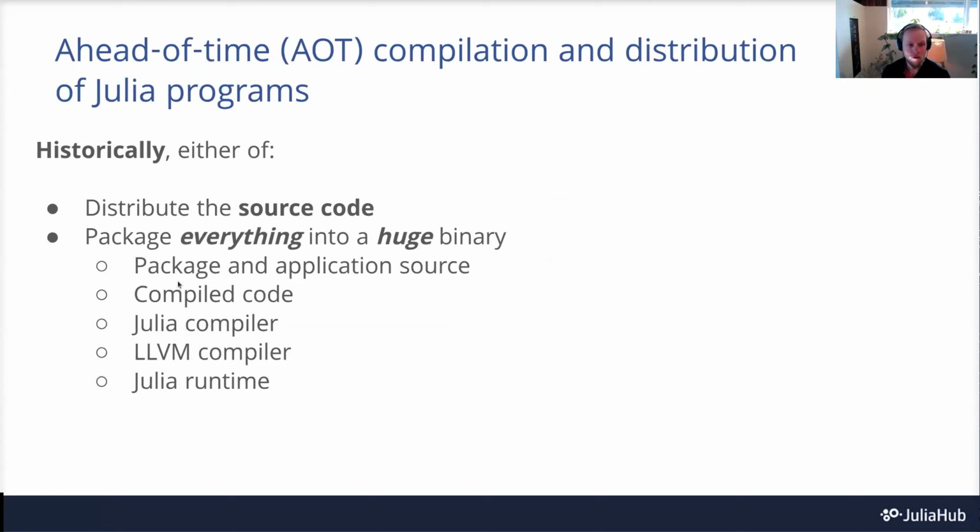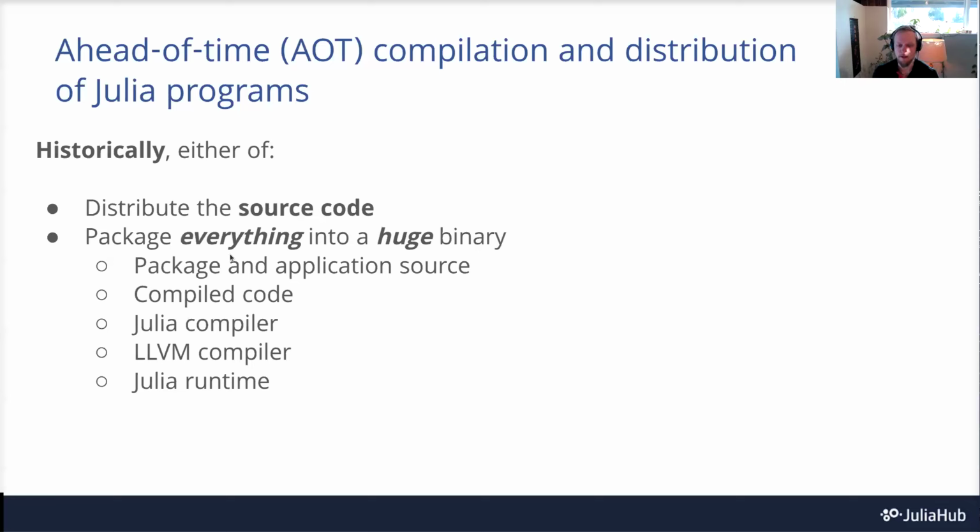So historically, if we wanted to compile a binary of Julia code and distribute that, maybe I want to send my program to you so you can run it, I could choose to either distribute the source code, the raw Julia code, or I could package everything into a huge binary.